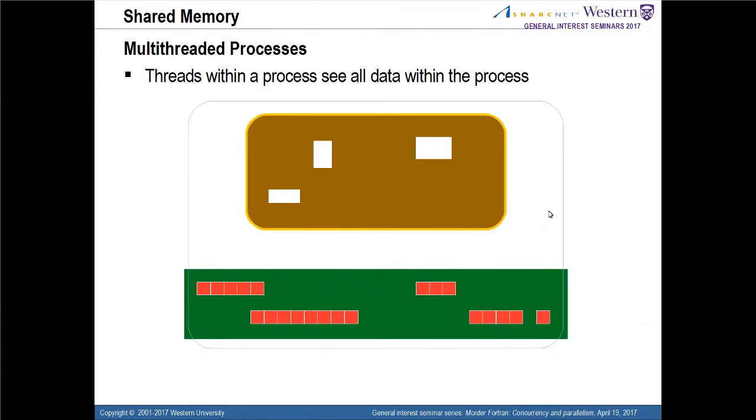This process will run in multiple threads, and each thread possibly will run on a dedicated core. Because all the threads are still within a single process, the threads can see each other's data. But a process cannot see the content of another process.